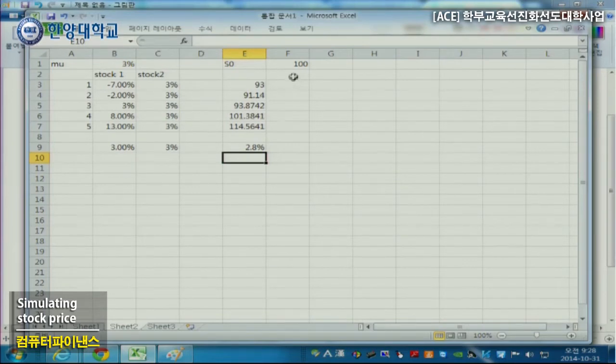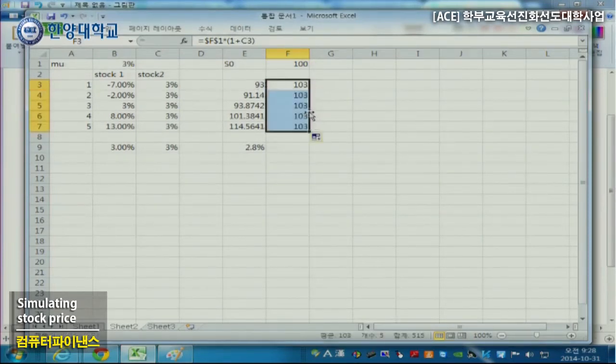Okay, let's think about the other case. In this case, stock return is always 3%. So the first year is 103, and the second year is 103 multiplied by 1 plus 3%.